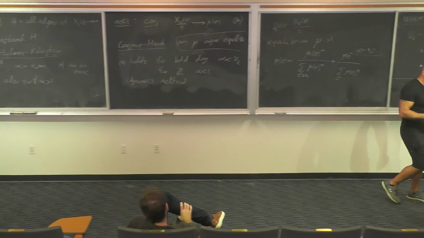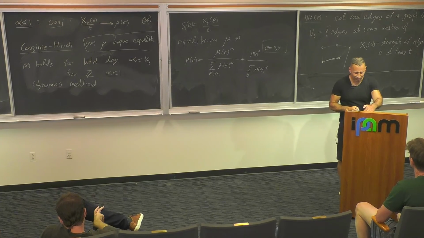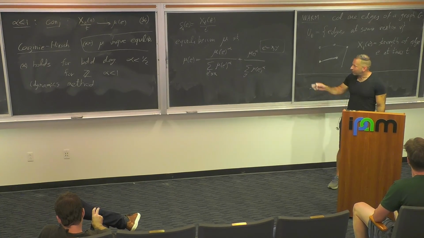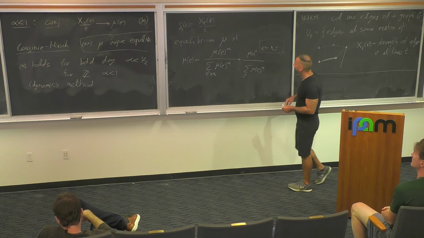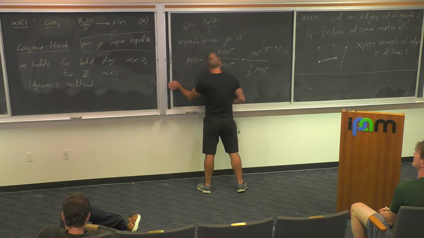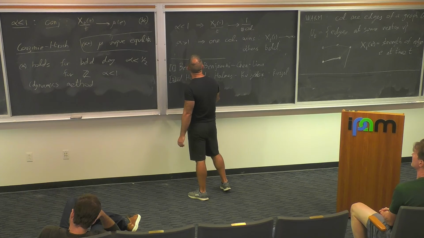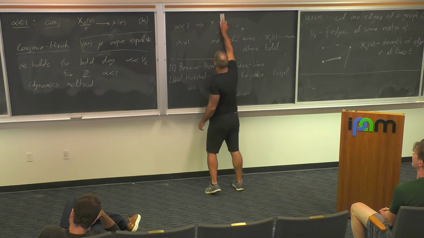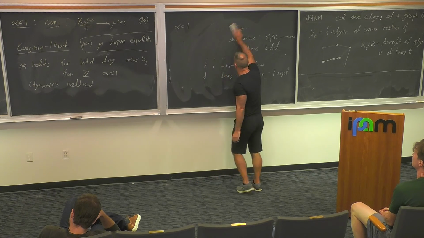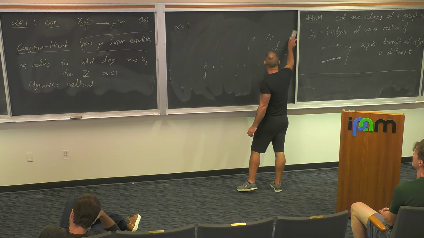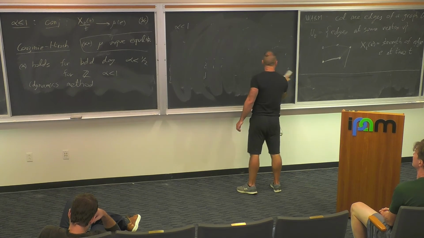So maybe to finish, I want to show you a very different method that we have for showing this, which works all the way up to alpha equals 1. And also works for certain infinite graphs.